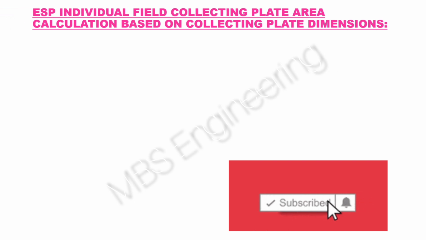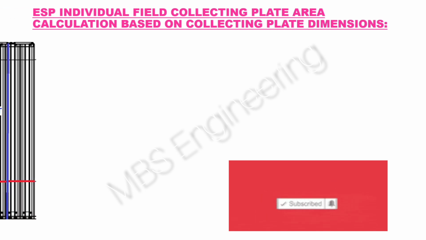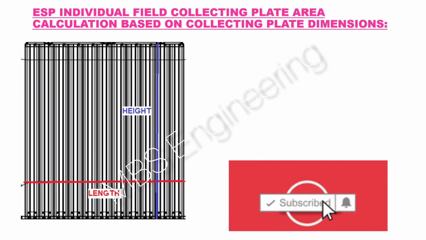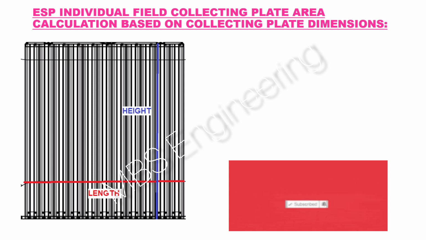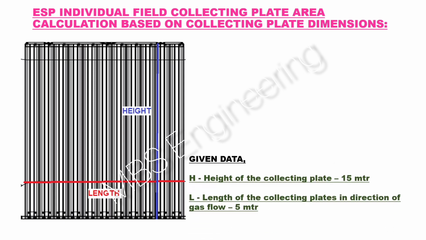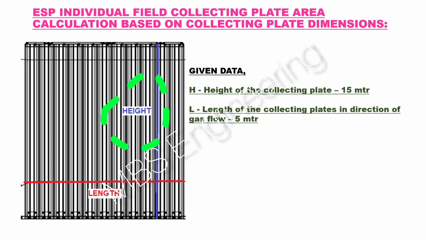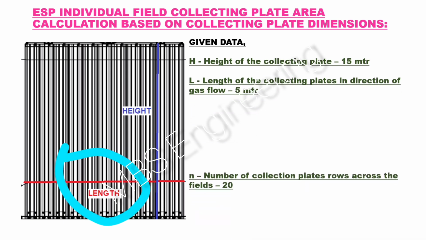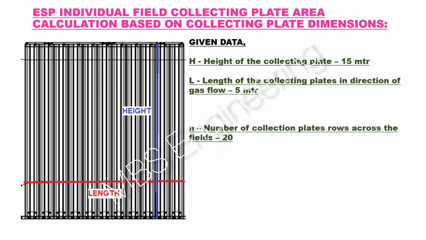Next, we are going to understand the ESP individual field collecting plate area calculation based on collecting plate dimensions. Given data. H is the height of the collecting plate, 15 meters. L is the length of the collecting plates in the direction of gas flow, 5 meters.